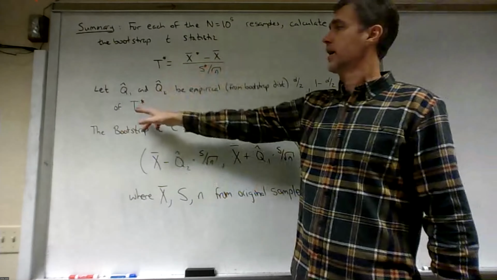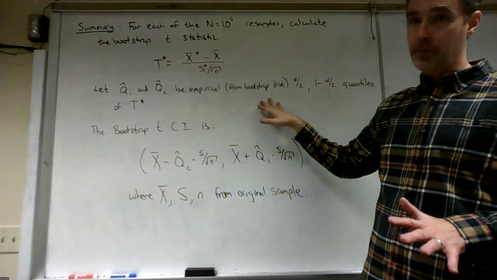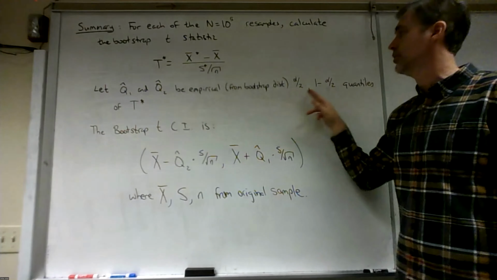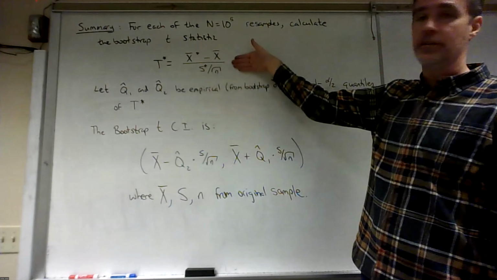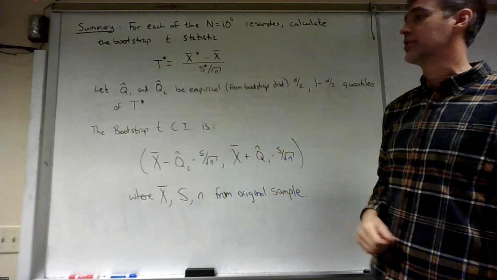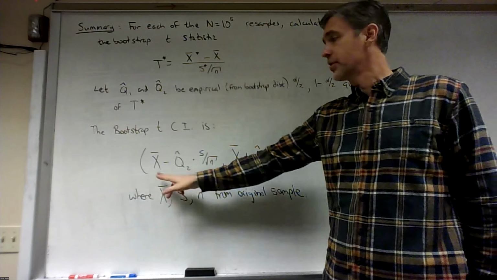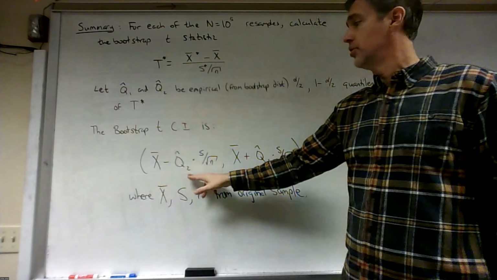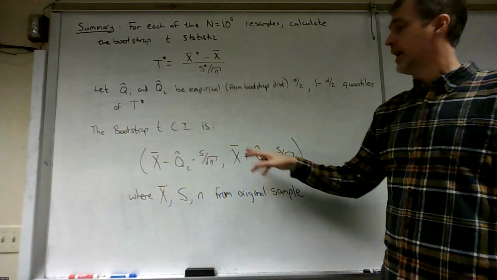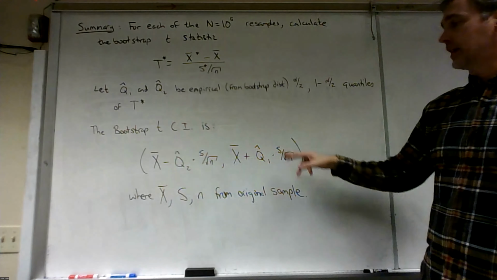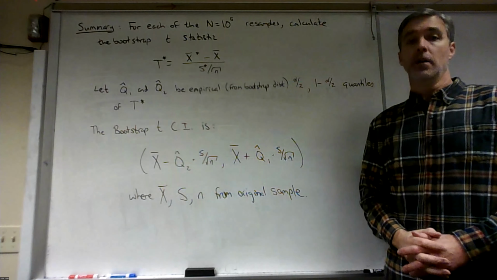And then we're also going to calculate the Q1 hat and Q2 hat, the empirical alpha over 2 and 1 minus alpha over 2 quantiles from the bootstrap distribution of those T stars. And then the bootstrap T confidence interval is our original sample mean minus the Q2 quantile times S over root n, where S is from the original sample, and X bar plus Q1 hat times S over root n, exactly as we did over there, okay?